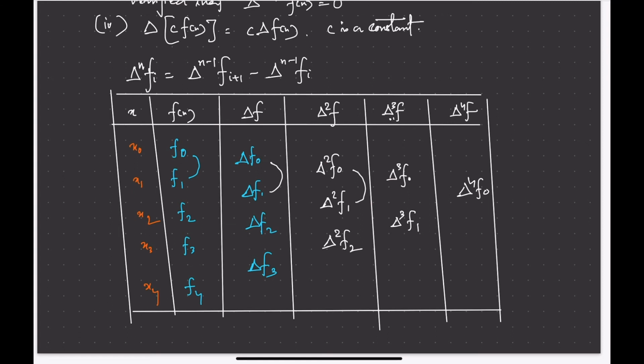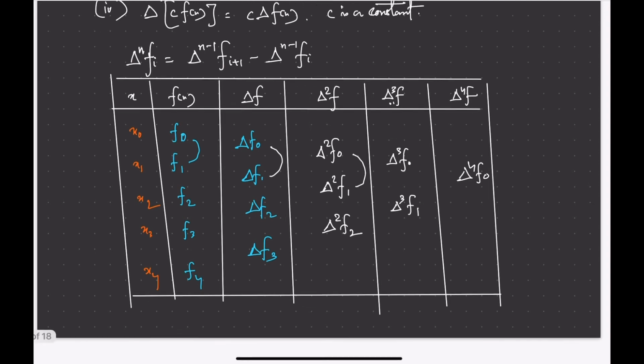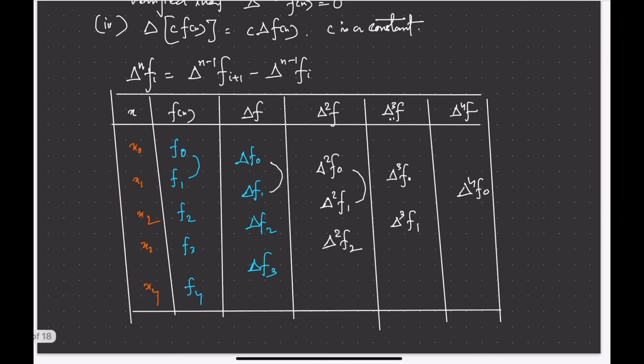If in this table f naught is unknown at the first entry, suppose this value is not known to us, then what can we say about this? Sorry, this f naught is known to us. This is the first entry of this table. Okay, this is what we call the leading difference.